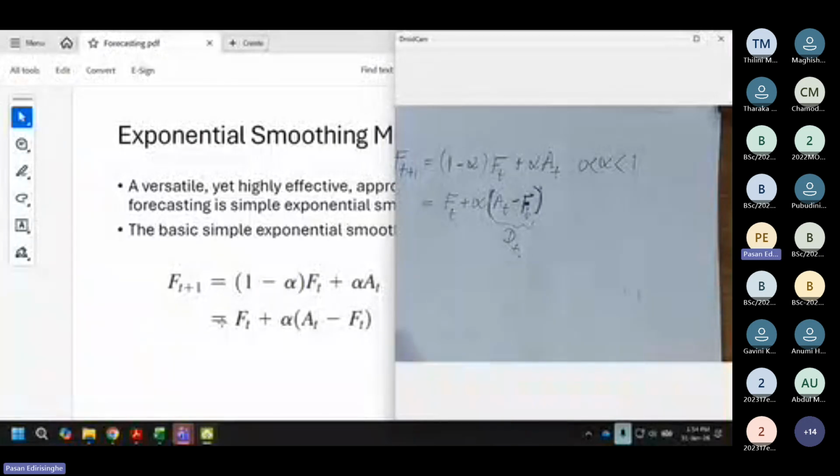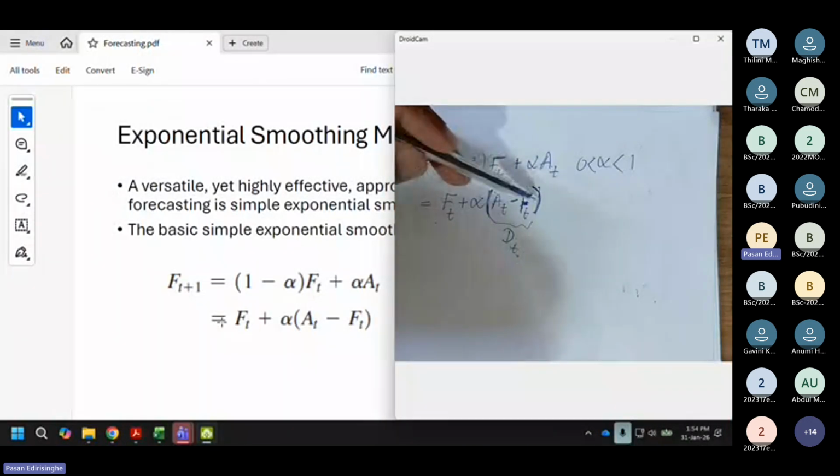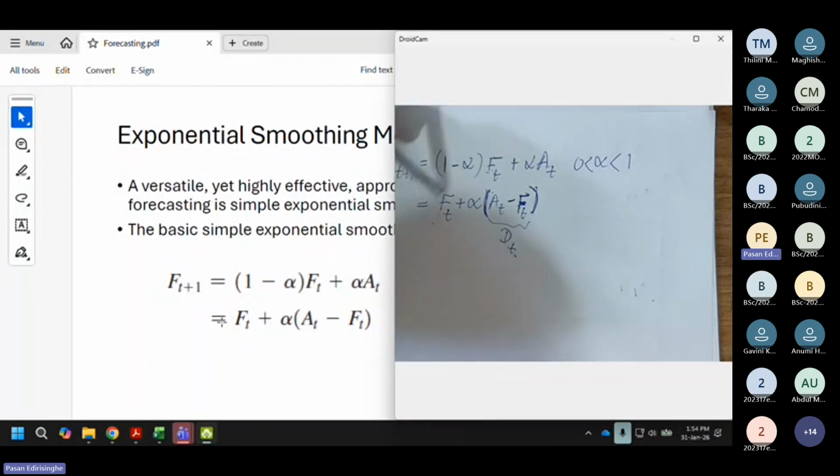Right. So in terms of this particular way of writing, we are thinking about that error here, right? And taking a part of the error and adding it to our forecasted value. So smoothing is indicated here.